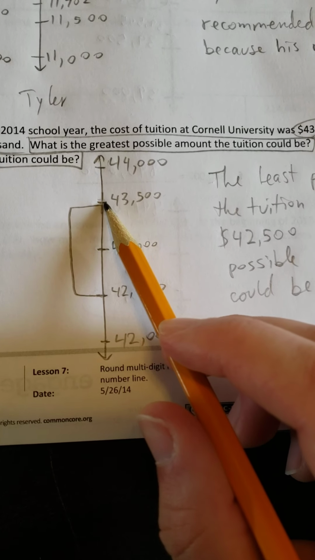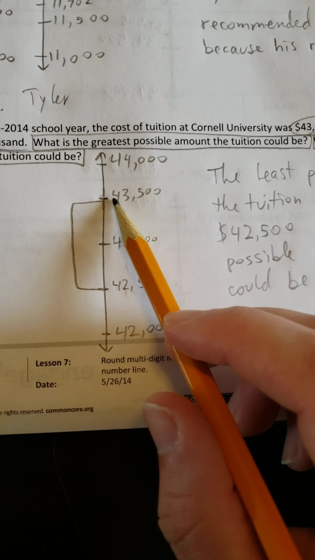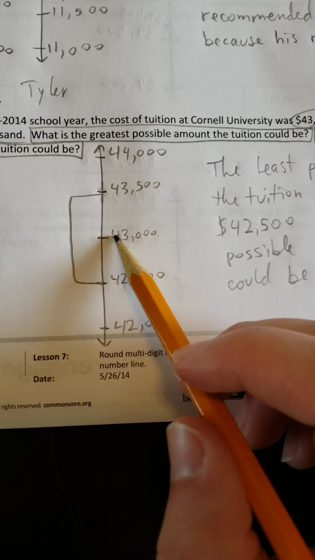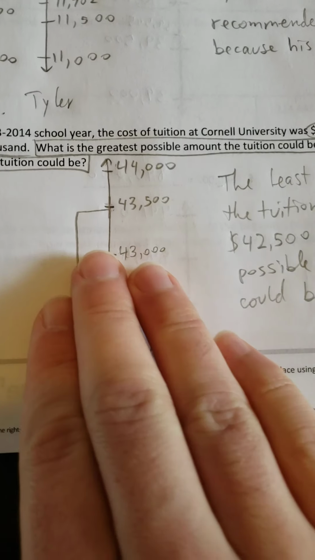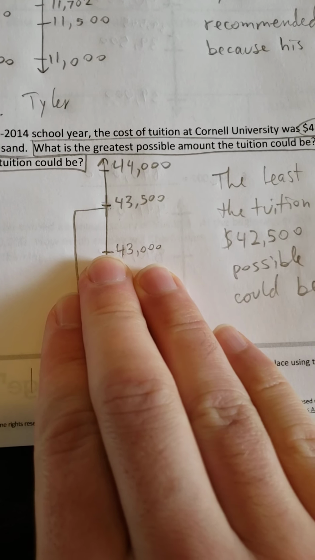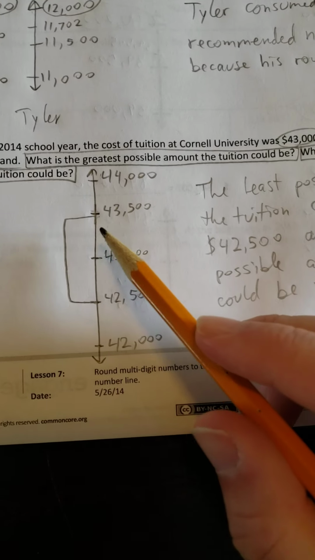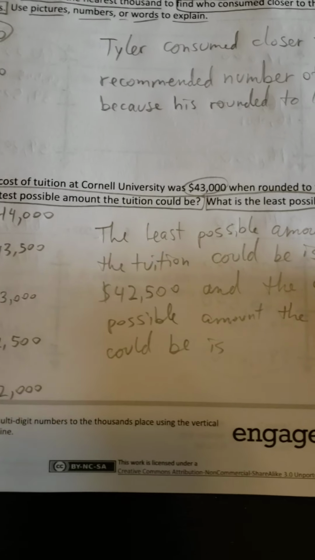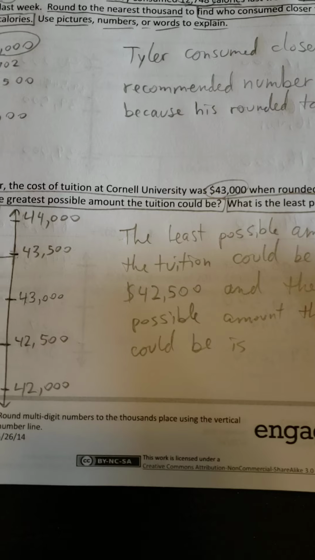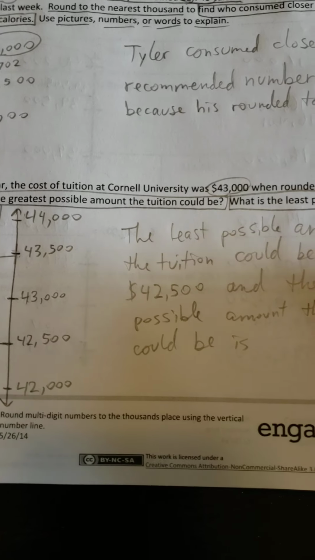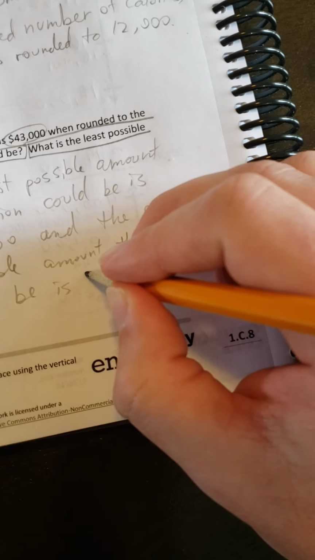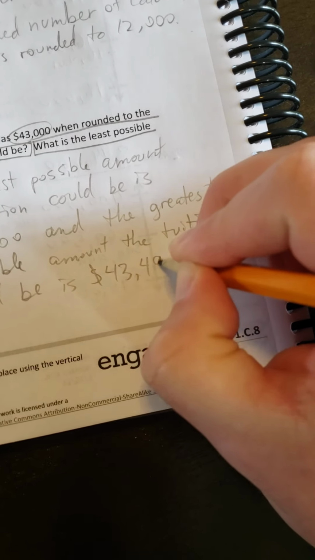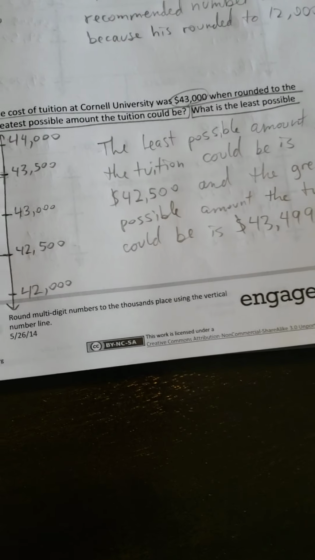But if we go just one below that, 43,499, that would round back down to 43,000. Okay, if we're just looking at those. And that's the most it could be to still round to 43,000. So $43,499. Okay.